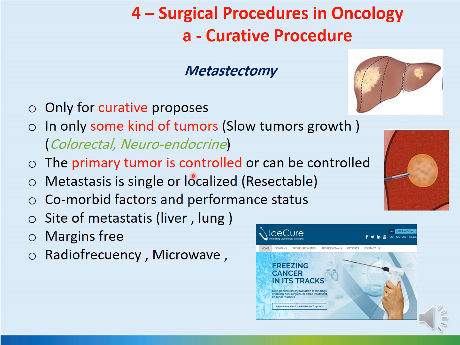Number two, we have to make sure that the metastasis is single or localized or resectable. This is a very important point. What that means is, for example, even from colorectal cancer, if we have metastasis in the liver but it is multiple metastases in the right and left lobes, here we cannot remove all the metastases because it will affect the liver function.